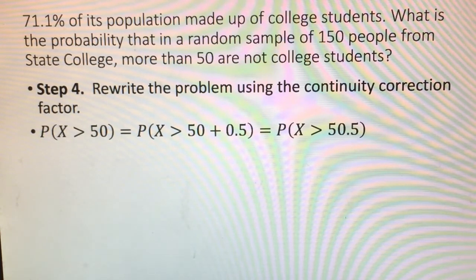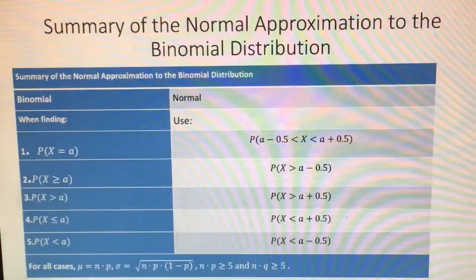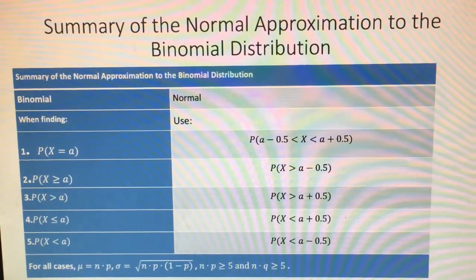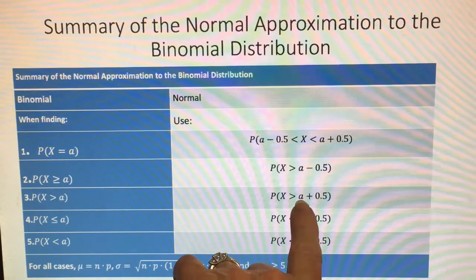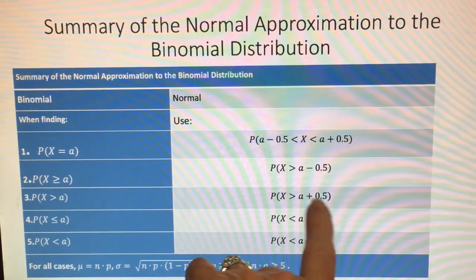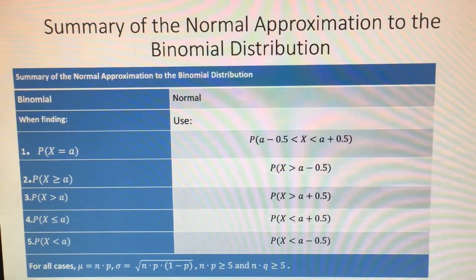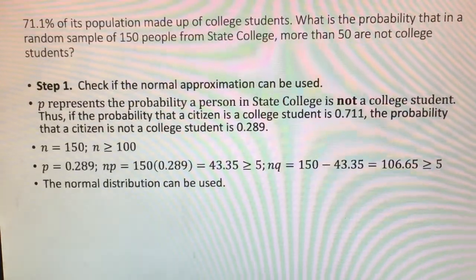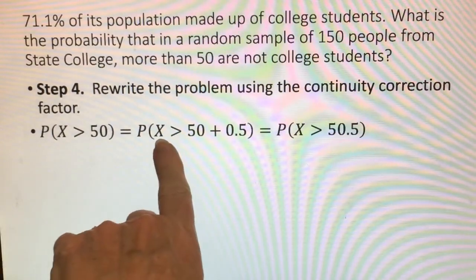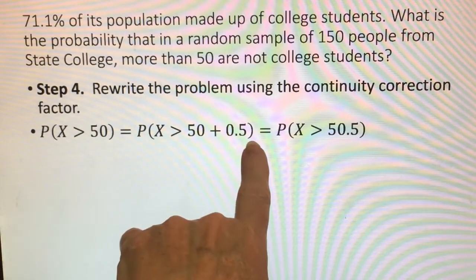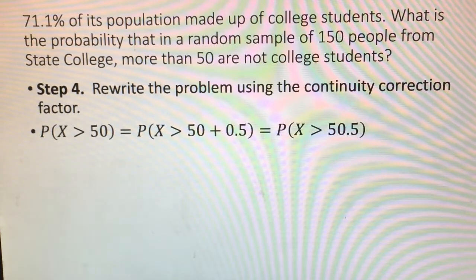If we have X is greater than a number, then we say X is greater than that number plus 0.5. So we're moving 0.5 more in the direction of the inequality. They have X is greater than 50 plus the 0.5, so X is greater than 50.5 with our continuity correction.